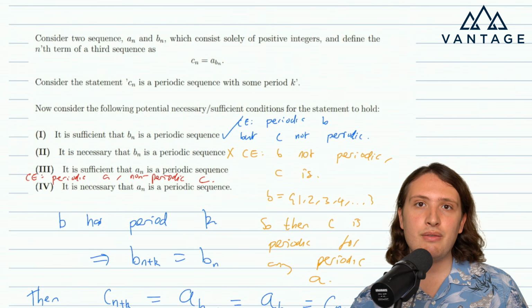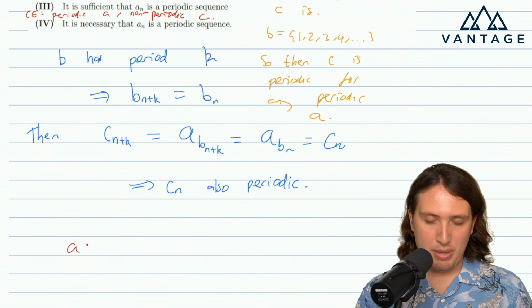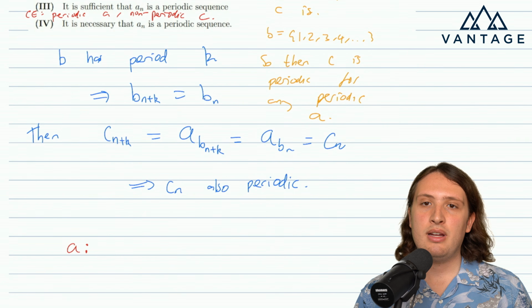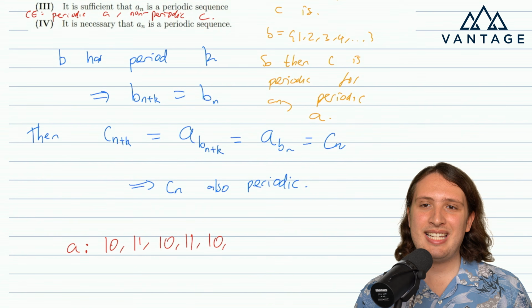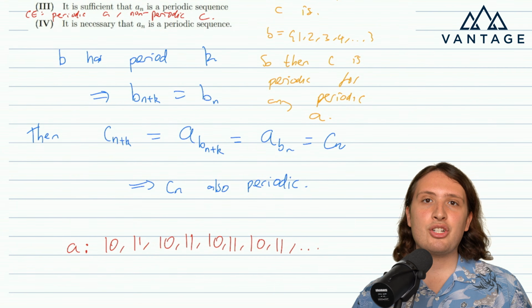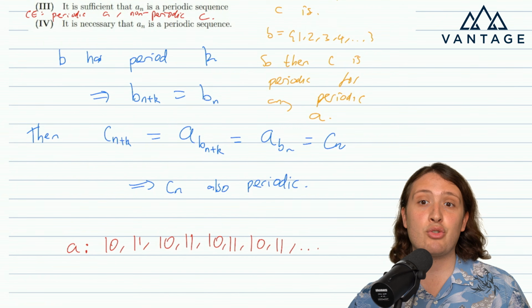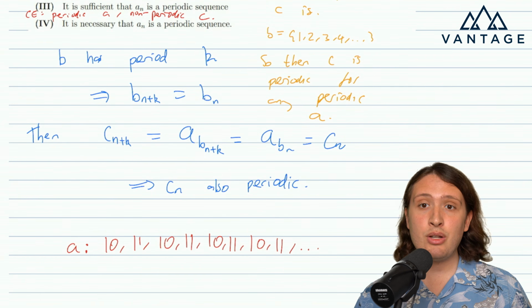But if we want to convince ourselves, let's try to construct one. Let's start with a really simple periodic A. We might as well go 10, 11, 10, 11, 10, 11, 10, 11. So that's periodic, period 2. Now, if I make a choice for the B sequence that makes sure I'm picking these terms out in a scrambled way that gives a non-periodic output, that's a counterexample.